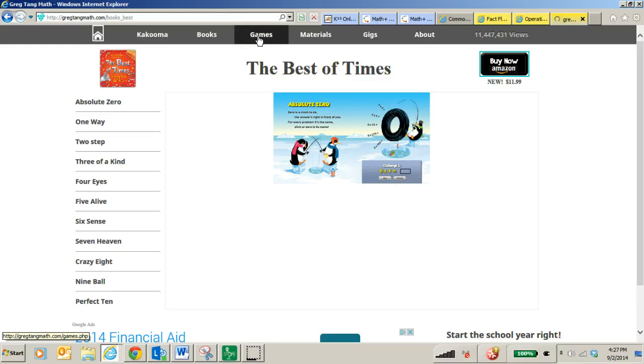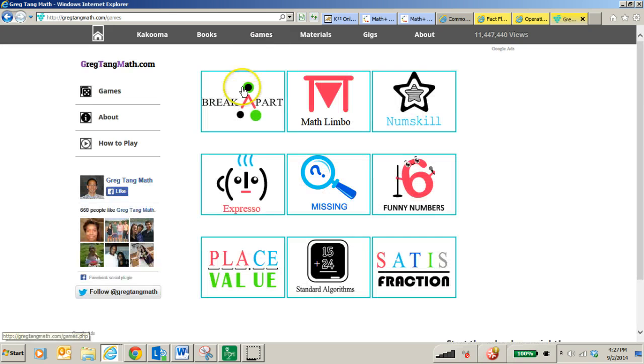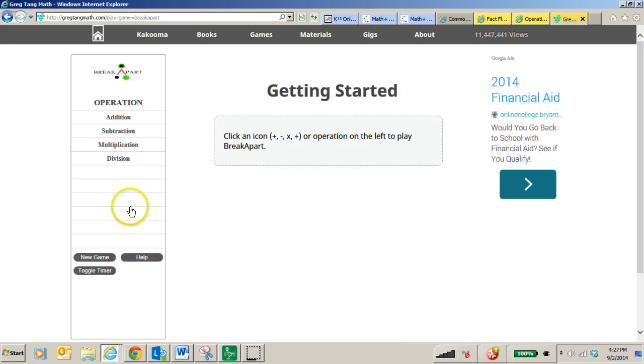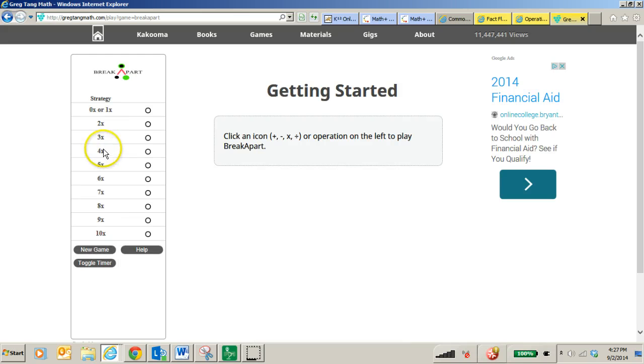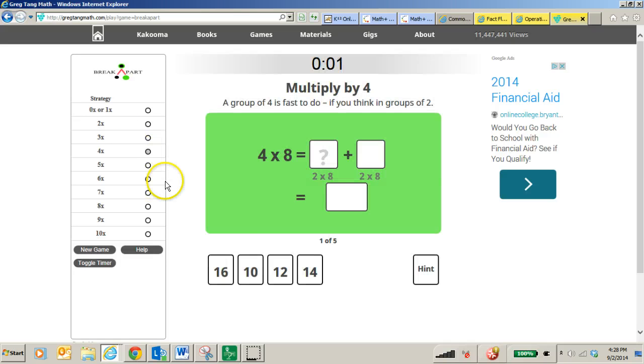You can also go to the games, and one of the games that I like the most is the break apart game, where they can really break apart numbers into facts that they know. So just simply go to break apart and then choose multiplication, and then again you can practice a certain fact at a time, or you can click multiple ones.